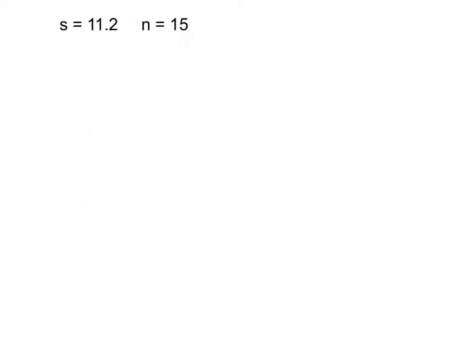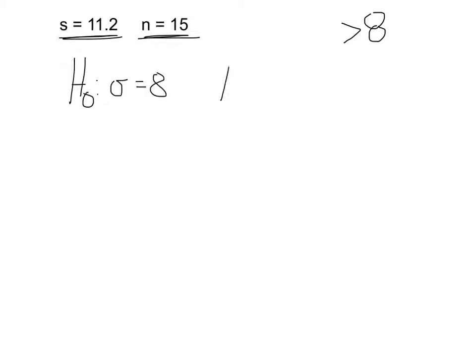In the second example, now we're looking at standard deviation against standard variance. The hospital administrator believes that it's greater than 8. So when I look at my sample of 15 that has a standard deviation of 11.2, the question being asked by the administrator is: is my standard deviation greater than 8?